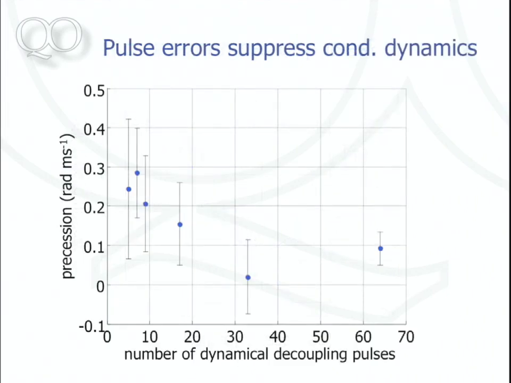This is now the conditional precession of one ion depending on the state of the other ion as a function of the number of decoupling pulses. If we increase the number of pulses, we get to zero coupling. The reason is that pulse imperfections also wipe out the useful coupling. So this is not good.